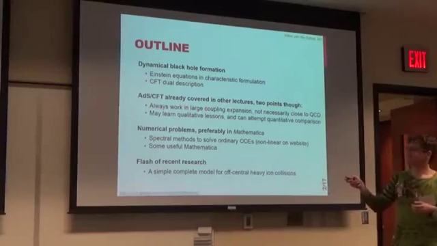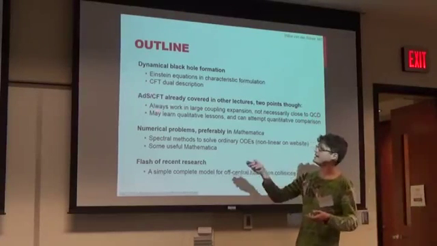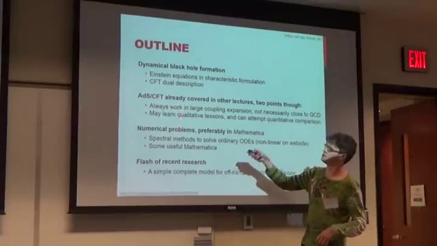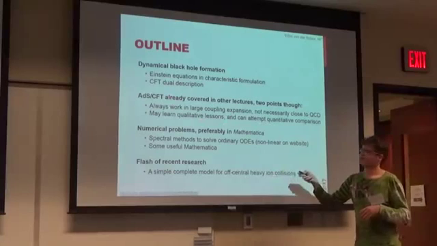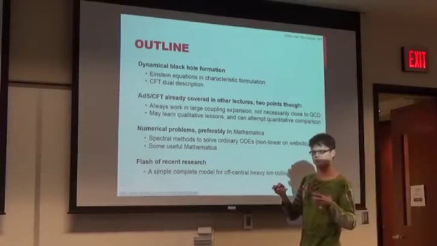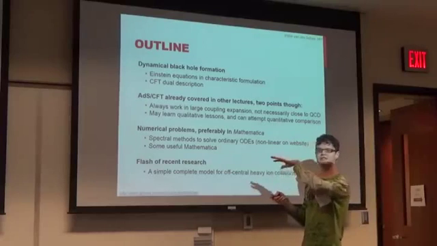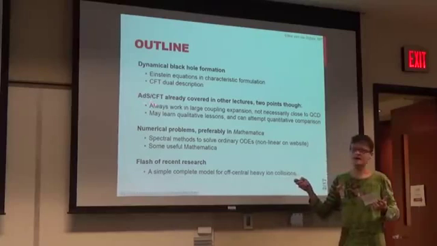So AdS-CFT is already covered in the other lectures. I just wanted, with a view to applying AdS-CFT to heavy ion physics, to stress two points. Which probably have been mentioned already, but in AdS-CFT you always have to assume that the coupling constant, which is basically the 't Hooft coupling constant in QCD, lambda, which is g squared times the number of colors, so that is the effective coupling of QCD, is large.